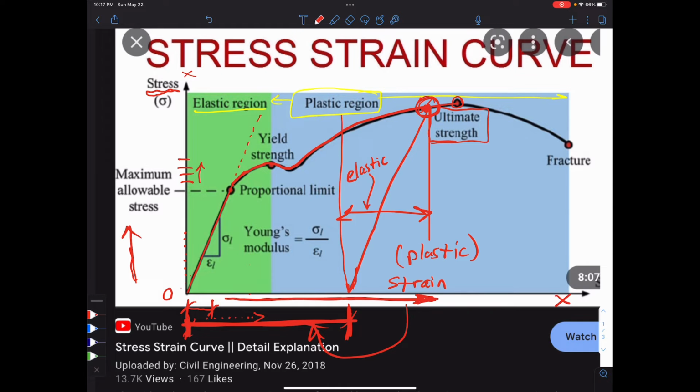And when you hit the ultimate strength, a lot of materials will continue to strain, will continue to move to the right on this graph, but something fundamentally different is happening. The load required to move the material goes down.